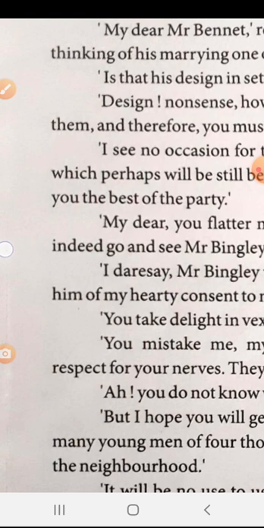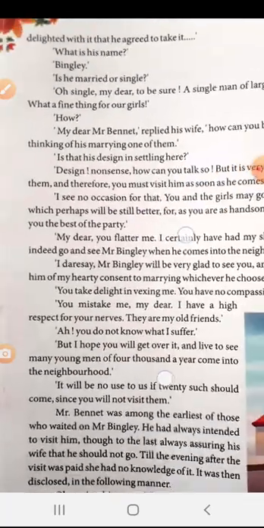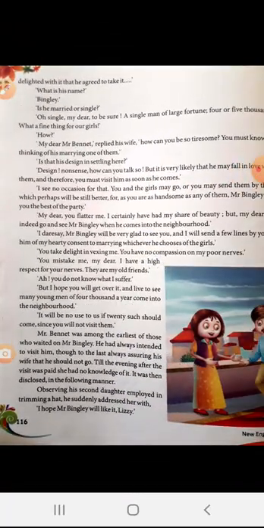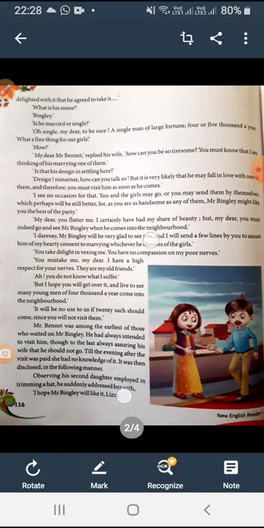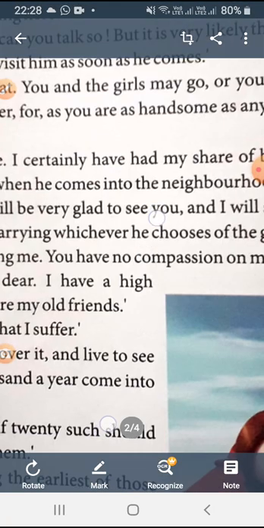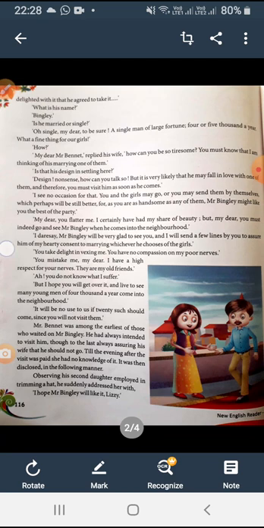Now, Mrs. Bennet at last got irritated and she said that it will be no use to us if 20 such Mr. Bingleys come and stay in our neighborhood. You will not go and visit to meet. Why? Because you are not concerned about the future of our daughters.